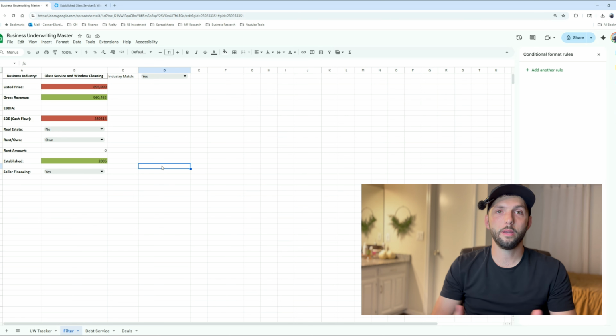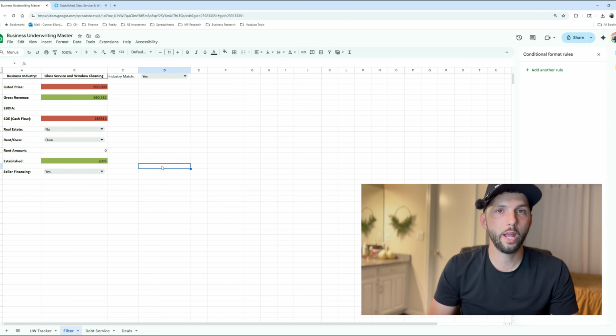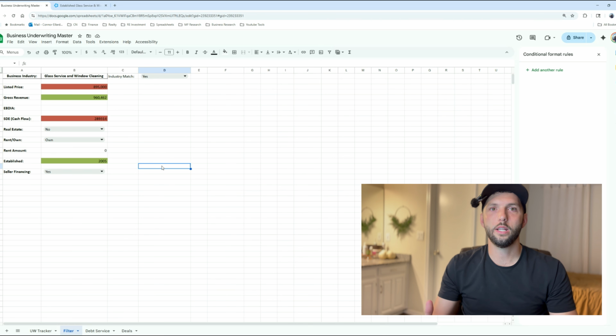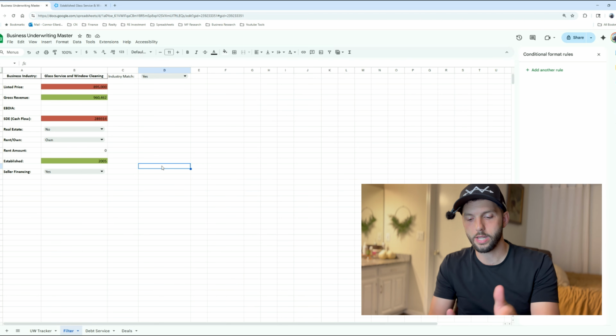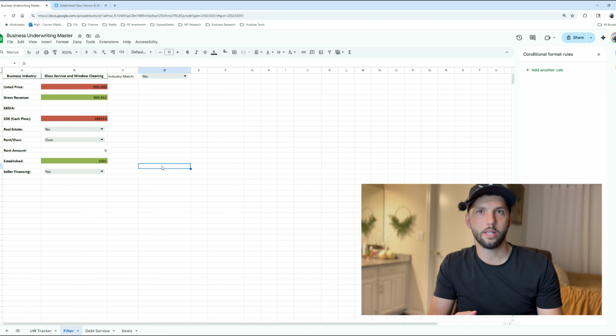Their expenses might be literally 1.8, 1.9, and they're bringing home like 100 grand, 200 grand after expenses. So revenue is a good metric, but what we're really looking for is that SDE, that seller's discretionary earnings. This is after payroll and taxes and all the expenses that they have. This is directly to the owner's pocket.